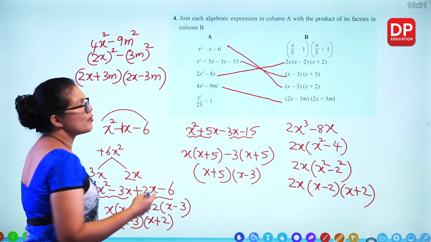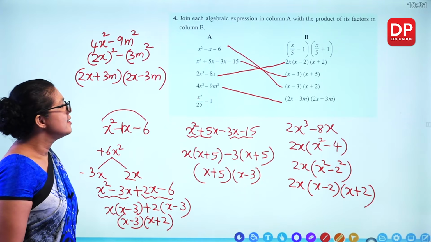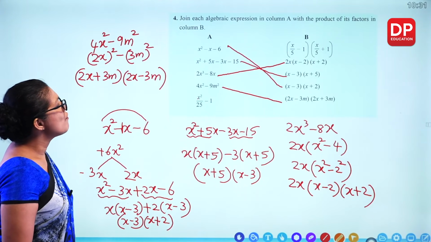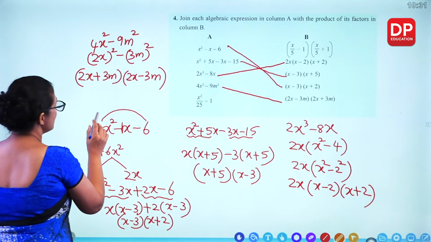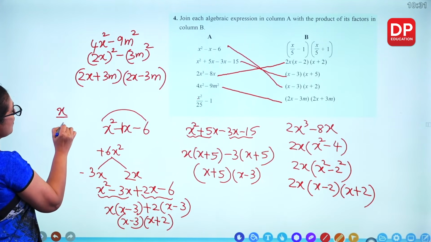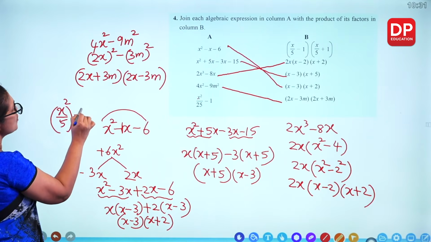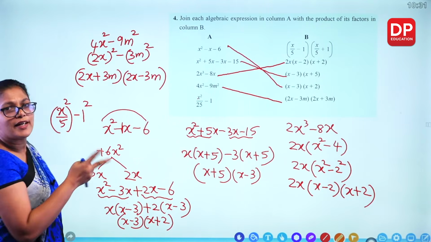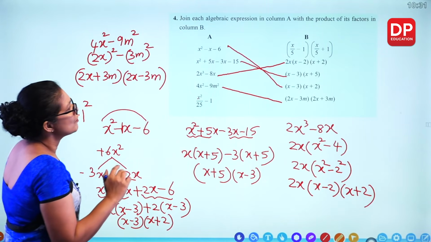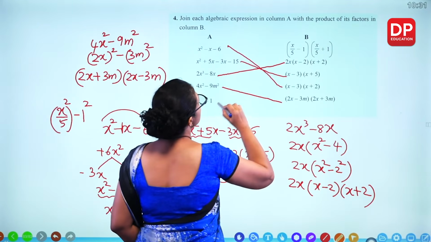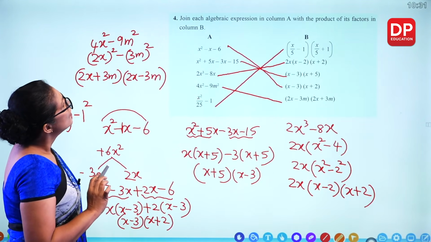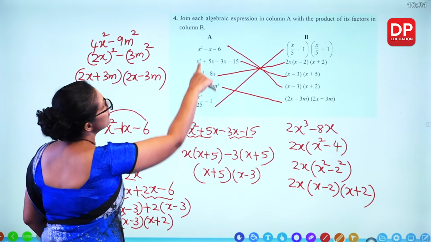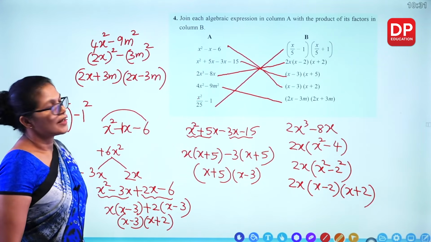Here, x squared over 25 you can write as a square term, x over 5. So x over 5 whole thing squared and 1 squared. Now, x over 5 plus 1 and x over 5 minus 1. It's already there. So we did all, and all the answers are okay.